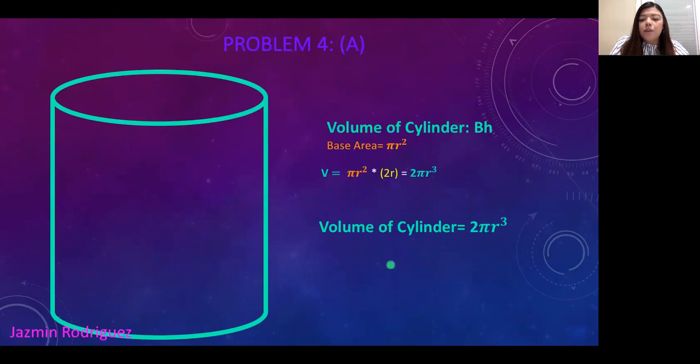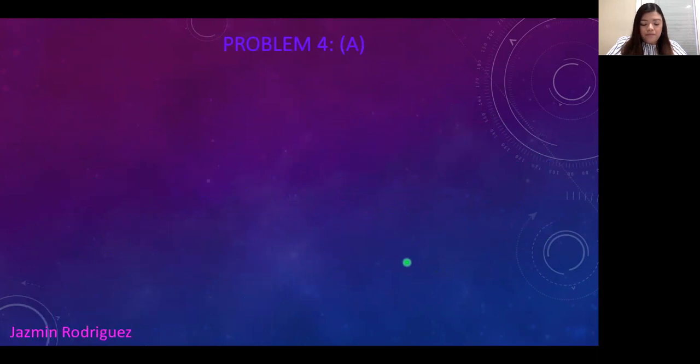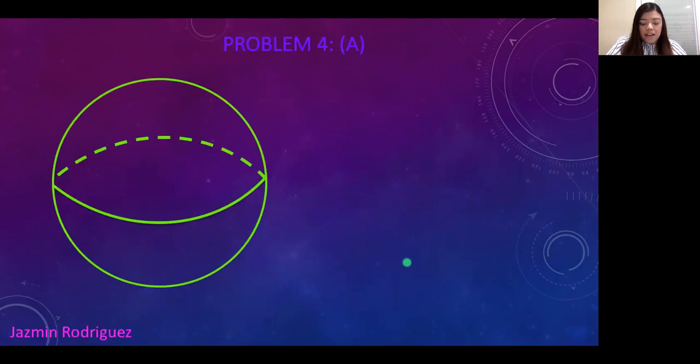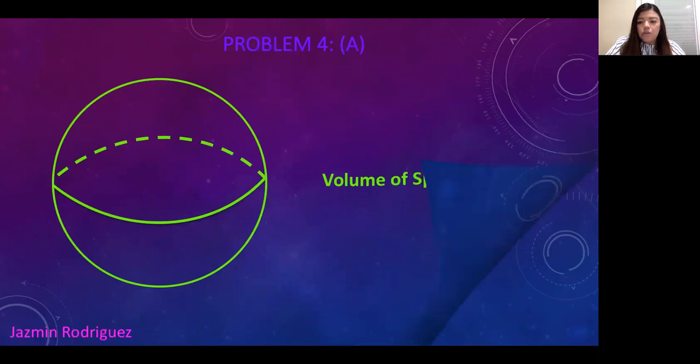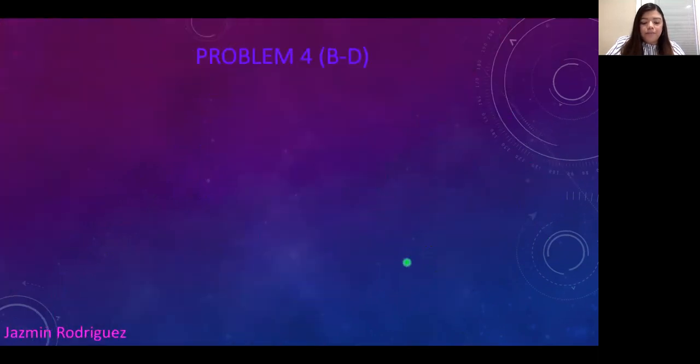And so that's going to be the volume of our cylinder. All right, now let's look at our sphere. For our sphere, we are given that our formula is going to be 4/3 pi r cubed.